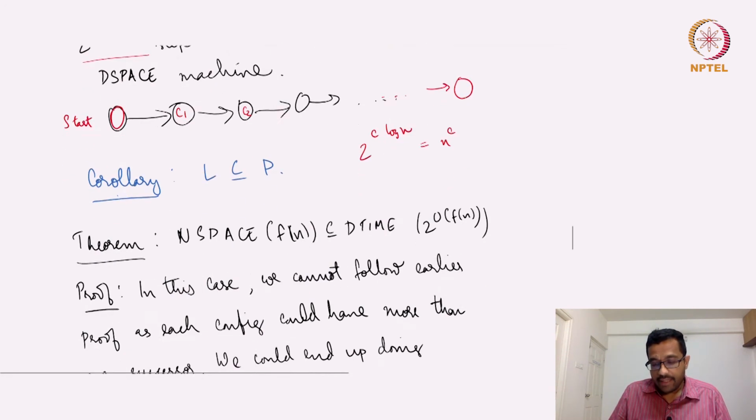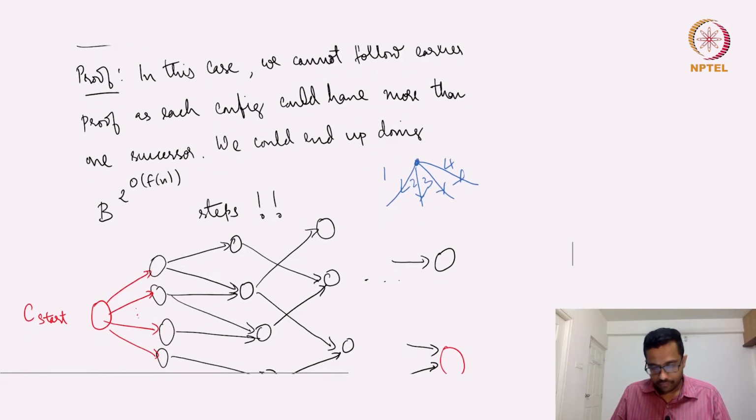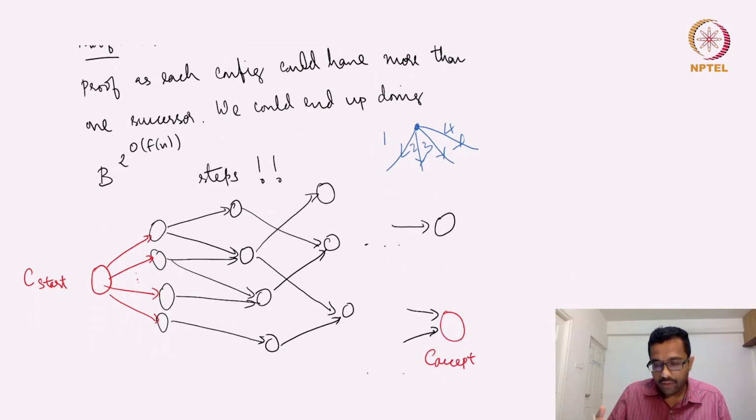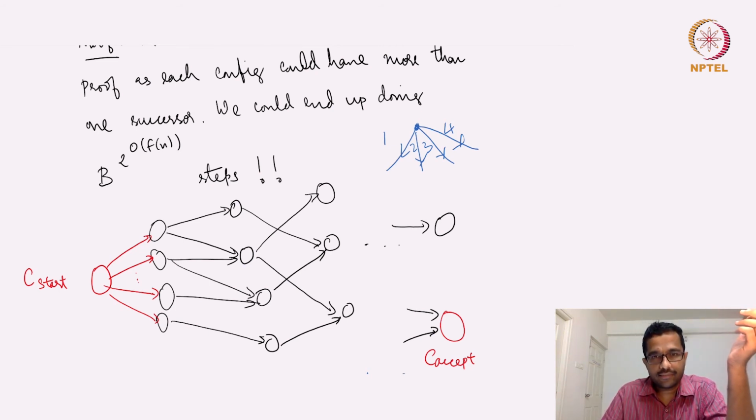In the case of an NSPACE machine, we could have a branching factor, right? The starting configuration could have 10 possible successor configurations. Each successor configuration could have its own 10 possible successors. So there is a lot of branching possible.